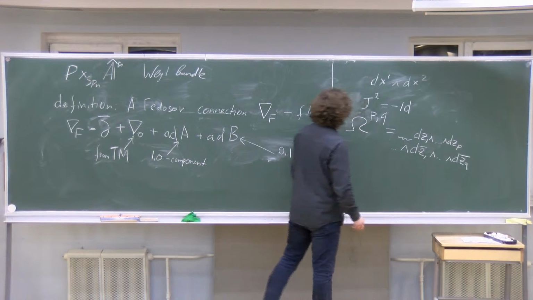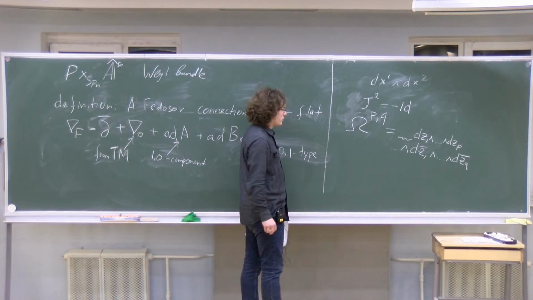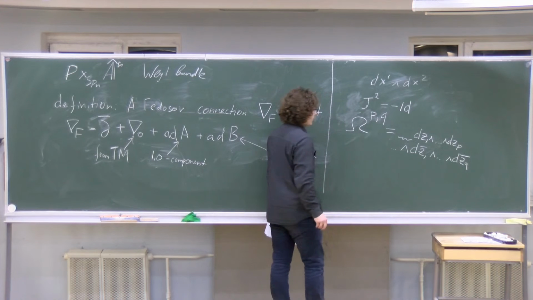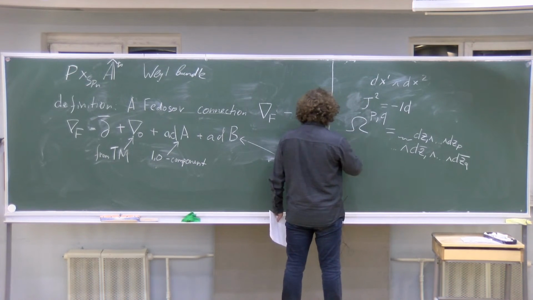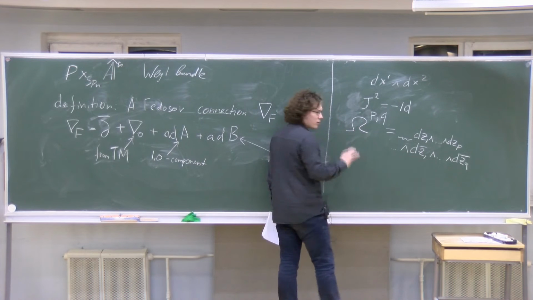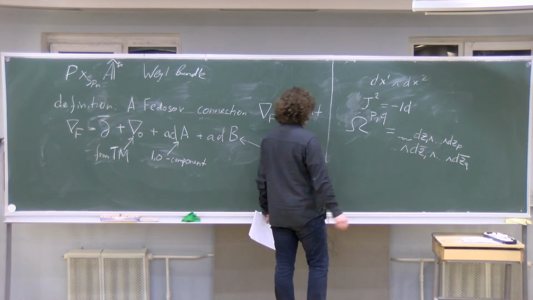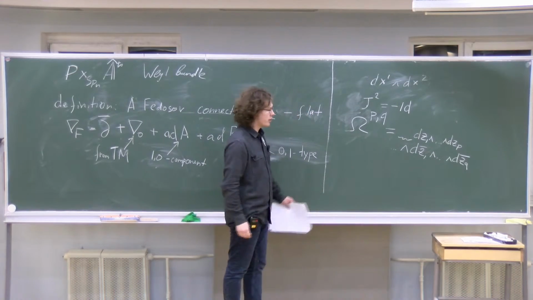Just like in the smooth case, we can introduce differential forms, which are sections of the exterior product of the cotangent bundle.